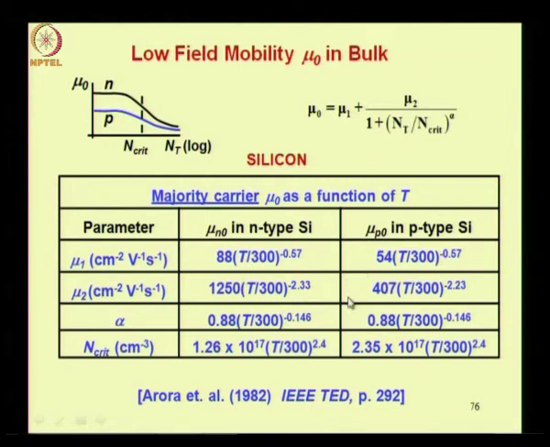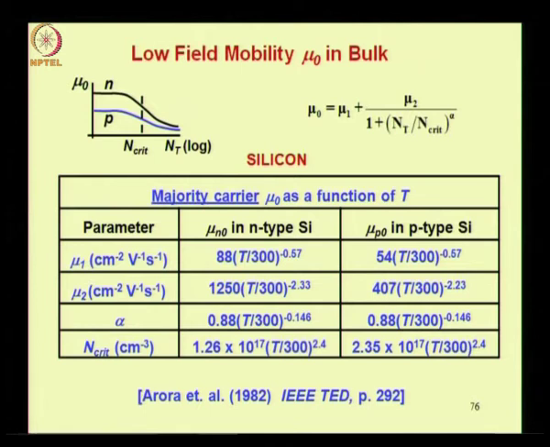So this incorporates both the impurity concentration dependence, as well as temperature dependence of mobility. In case you are taking down these values, I will give you some time. I will leave the slide on for some time.